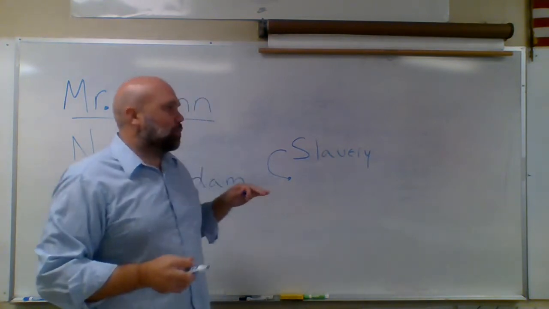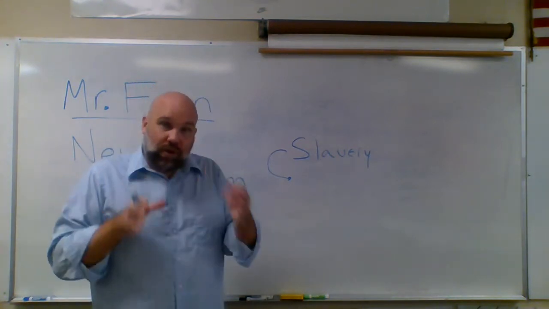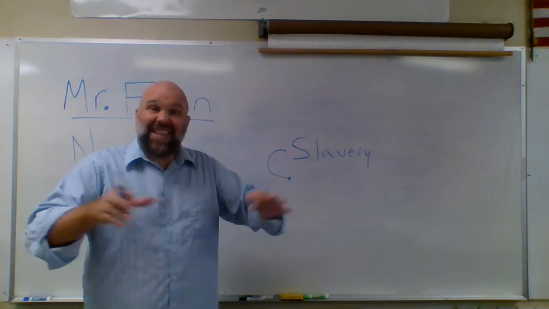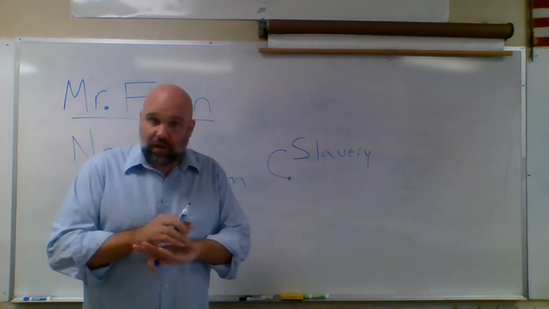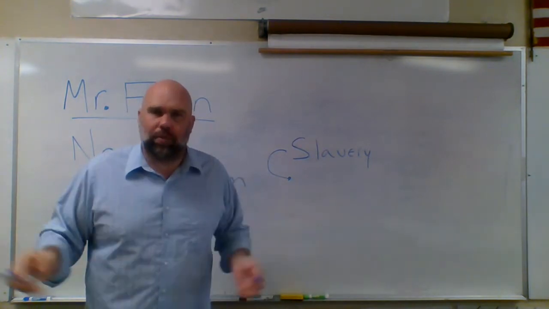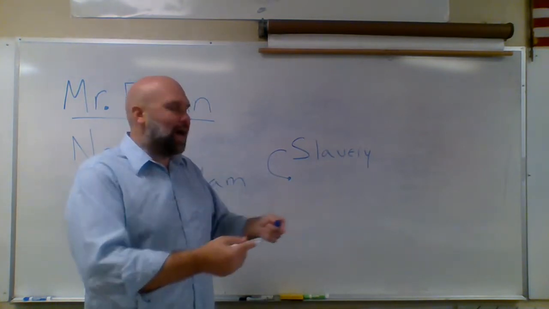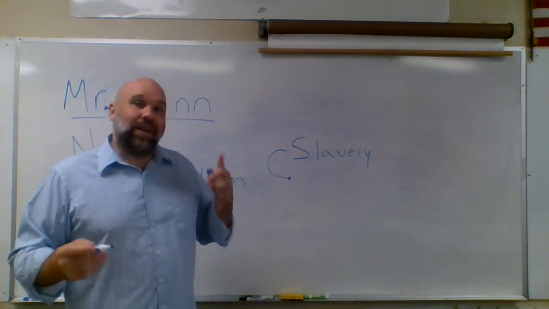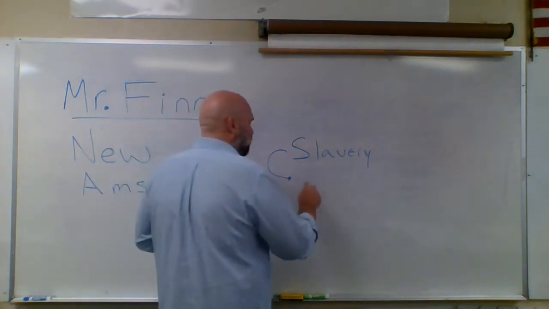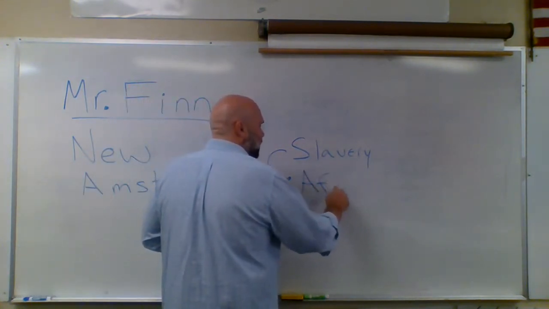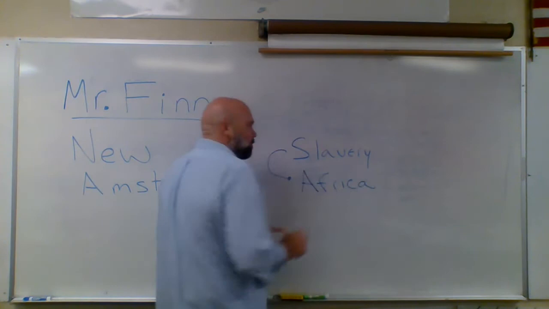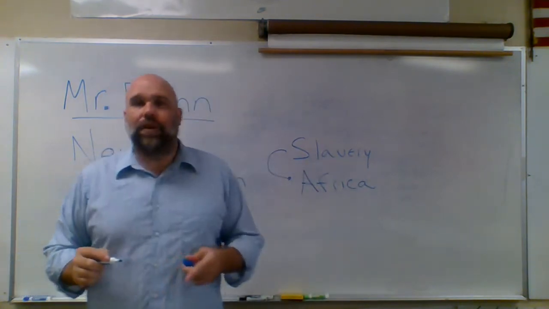So this is something that is going to start to phase out across the world. Slavery is going to start disappearing in England and in Europe and different places, but in America, it continues to go on. Slavery in America is going to be coming from the continent of Africa, which we've talked about in other videos.